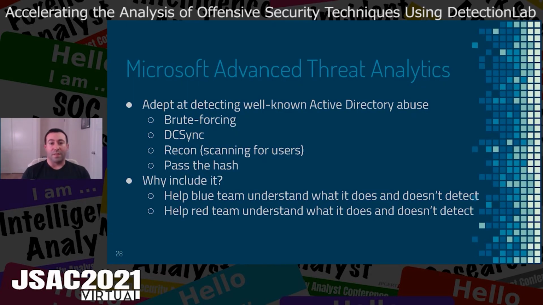Microsoft ATA does a bit more behavioral analysis as opposed to this sort of file-based, on-disk antivirus analysis, and is designed to identify commonly used tools and techniques to enumerate and exploit Active Directory. Although ATA is not open source, I think it's important for defensive security experts to know what sorts of techniques ATA is capable of detecting and how those techniques could potentially be bypassed. In the same vein, I think it's important for offensive security experts for the same reasons.